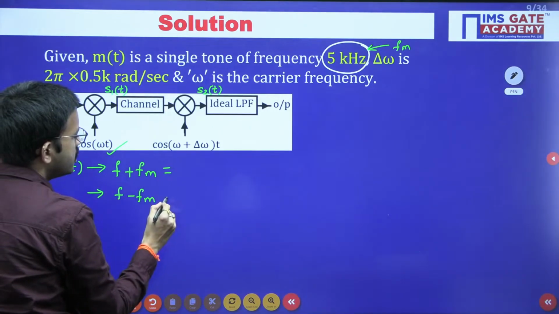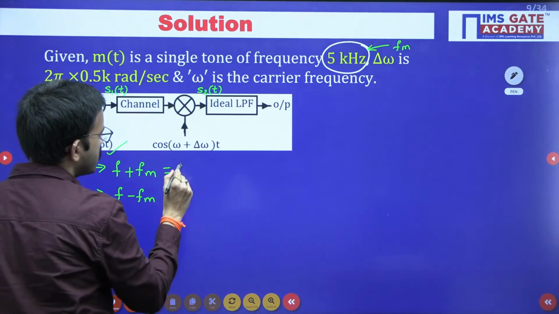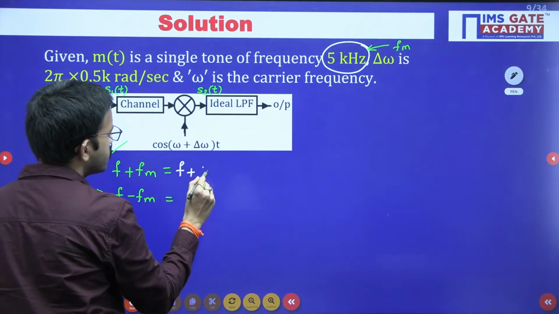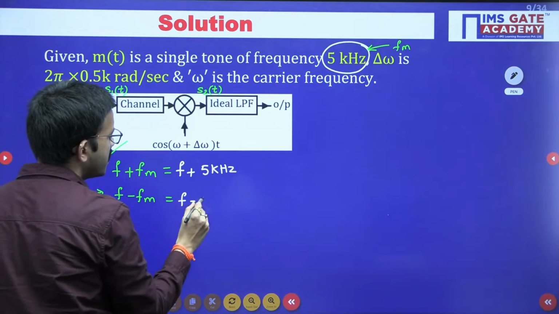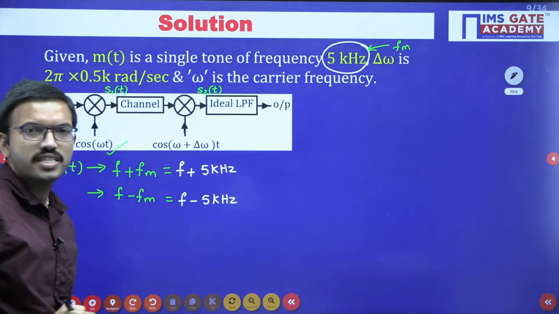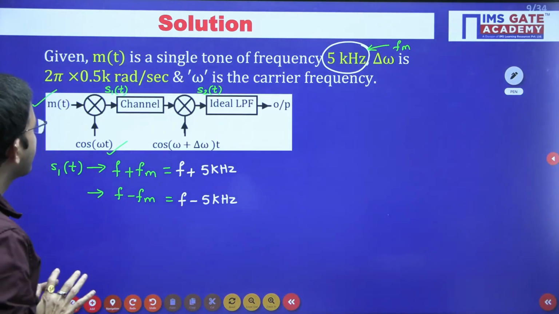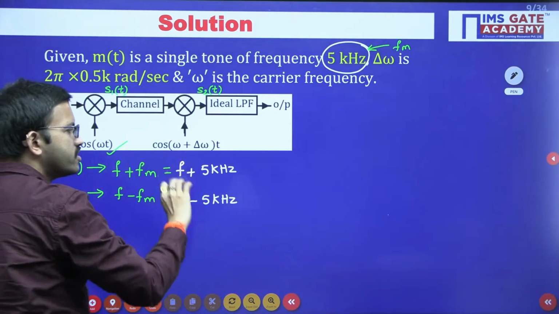In this particular example, fm is given as 5 kHz. So f plus 5 kHz, and the other one is f minus 5 kHz. I hope it is clear up to this point. Now, this signal we have passed through the channel, so the same frequencies will be there.